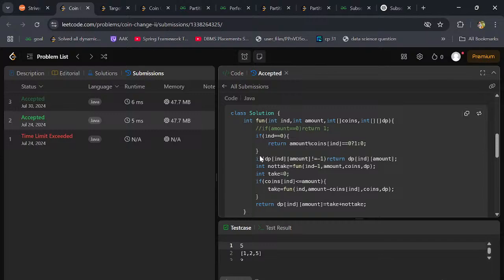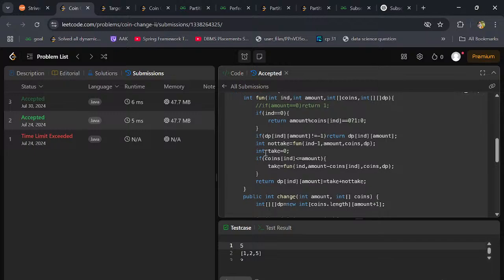Yeah, you can go till index. You don't need to make coins of index. If index equal to 0, if amount becomes 0, whatever it is, it will become 1, right?